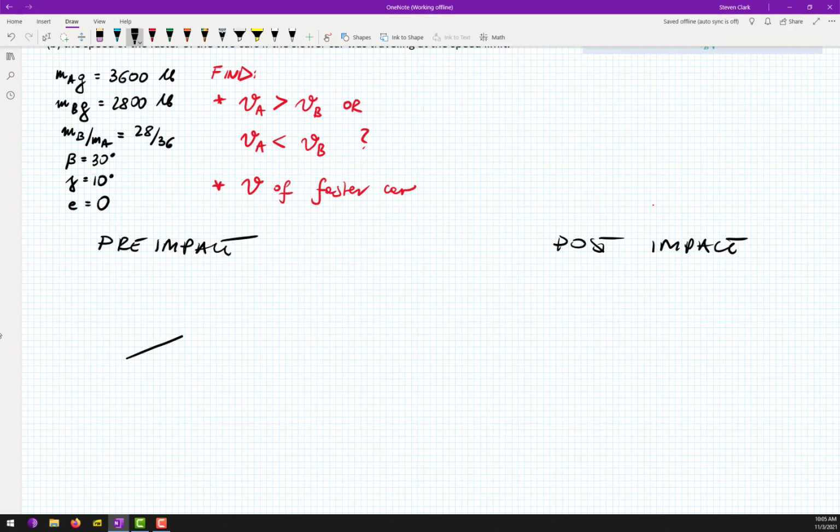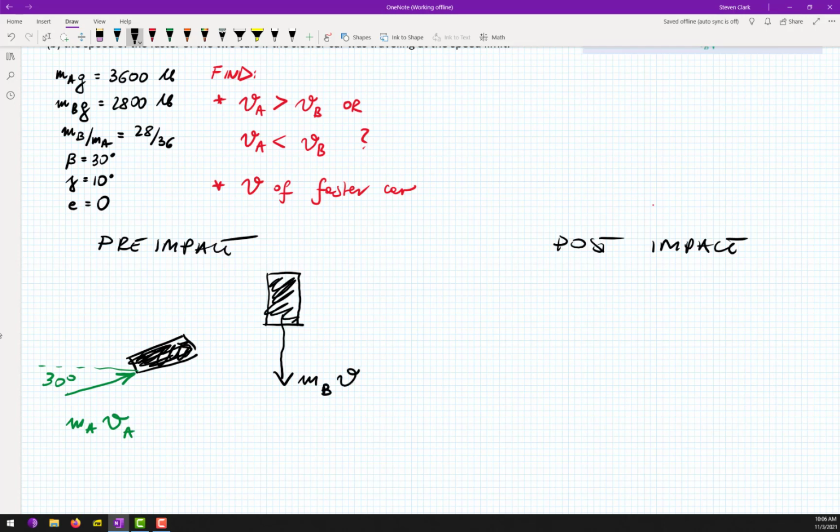It's annoying. Sorry. So I'm just going to model this guy like that, as a particle. Okay, and this guy is traveling this way with mass MA, velocity VA, and that angle is 30 degrees. And we also have another particle traveling this way, with mass MB and velocity VB.